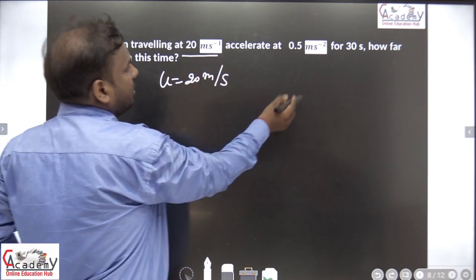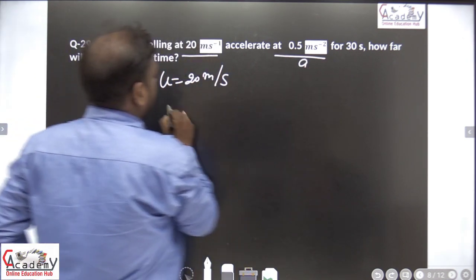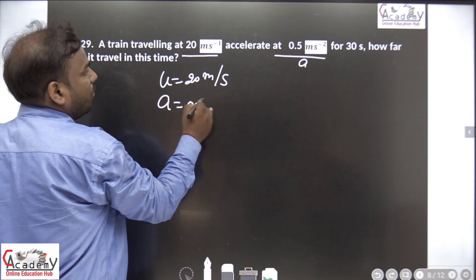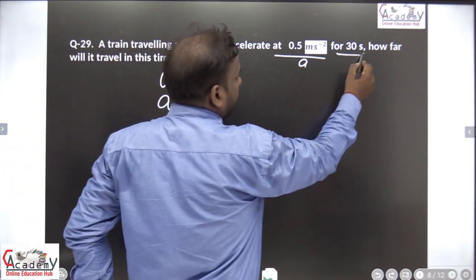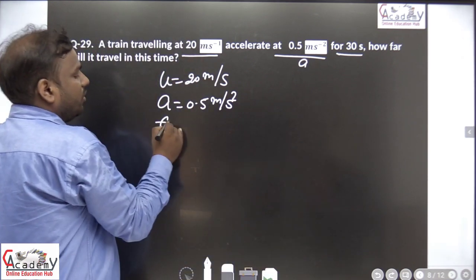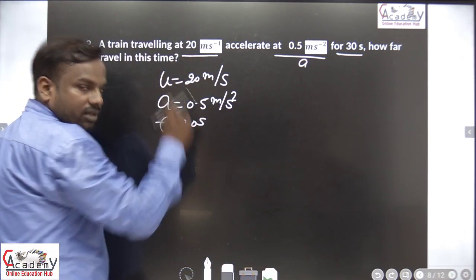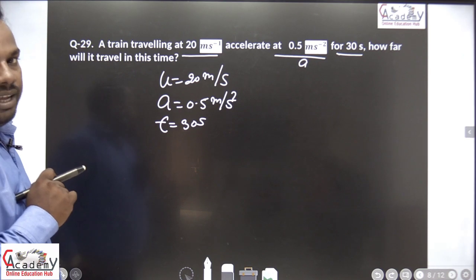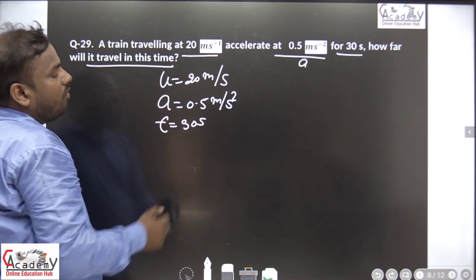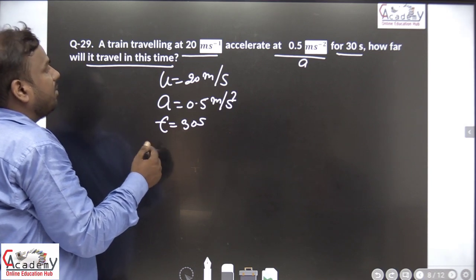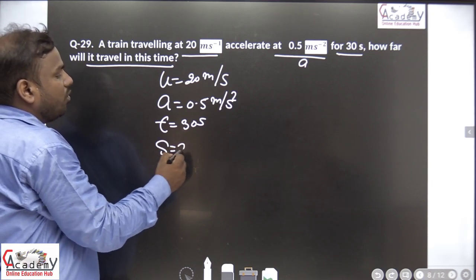The acceleration is 0.5 meter per second square. In which time? 30 second. So t is equal to 30 second. Is that clear? Then we have to find how far it travels, means how much distance is covered by the train, means s is equal to question mark.